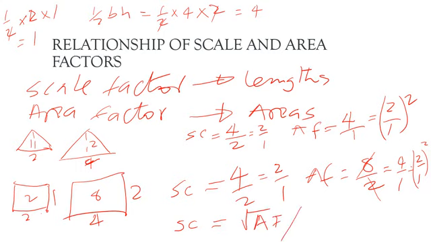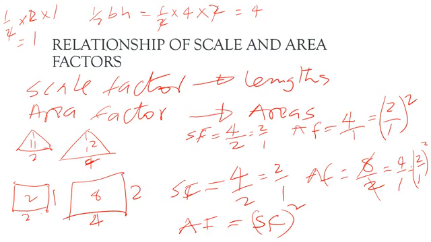Okay, maybe let me start in this way. The relationship between scale factor and area factor is that area factor is equal to scale factor, this one should be F, not a C, scale factor, but squared.